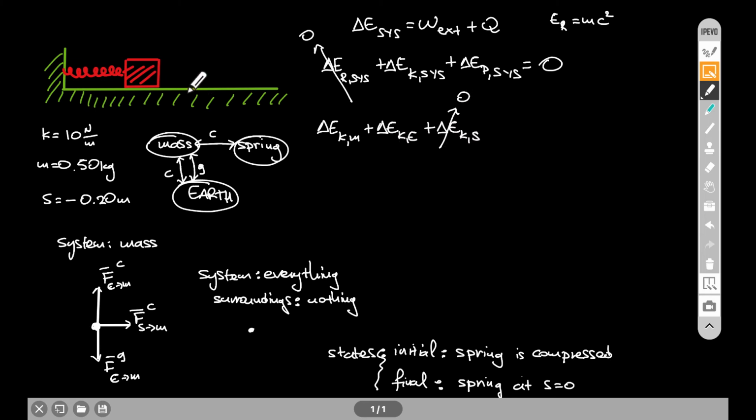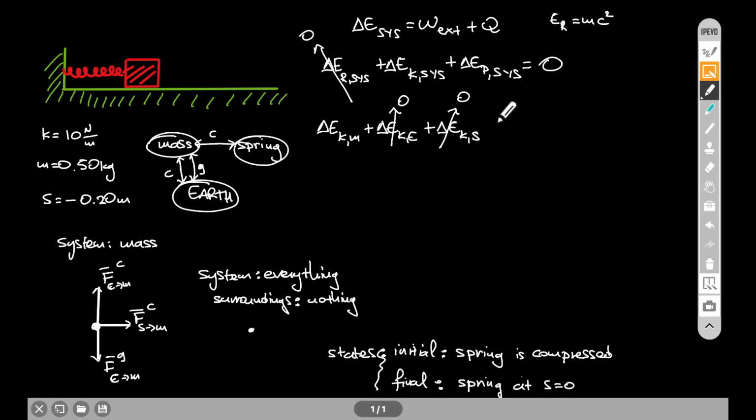While this phenomenon takes place, I'm compressing the spring and letting the mass go, and then the mass moves to the right. Of course, the Earth is moving, but I can make the assumption that the speed of the Earth during this phenomenon does not change significantly. So that allows me to get rid of this term. The only thing that I have left is the change in the kinetic energy of the mass that is moving.